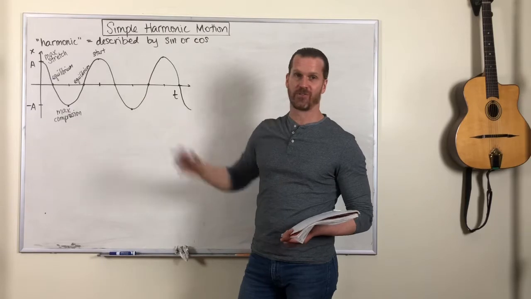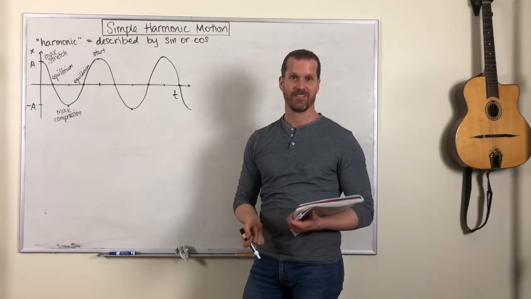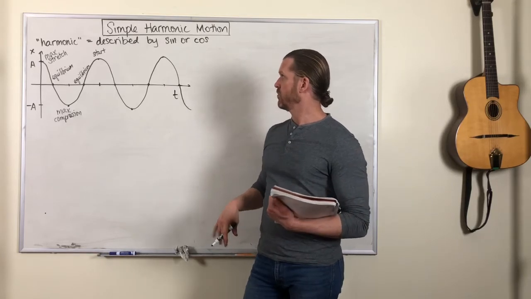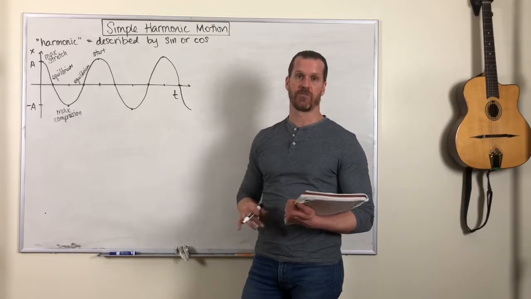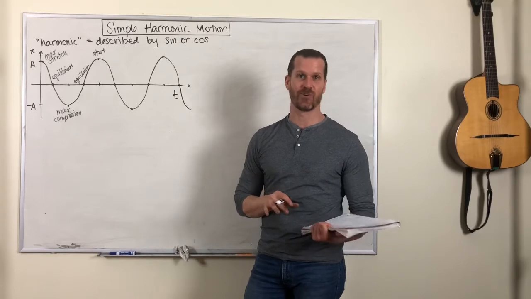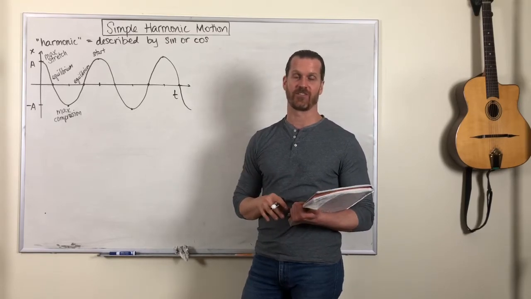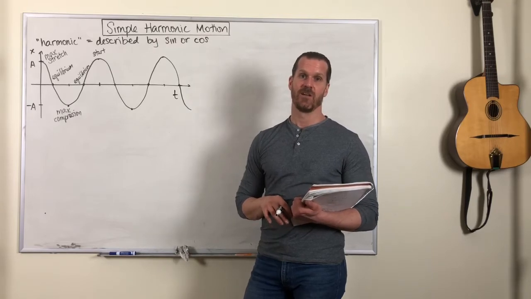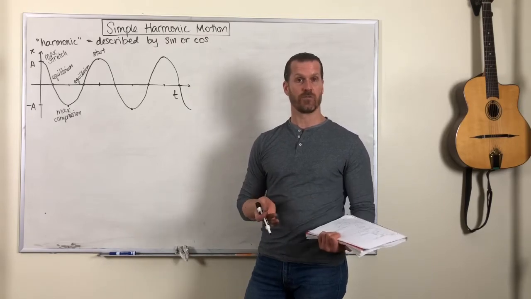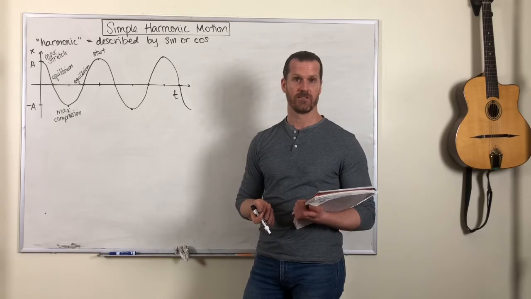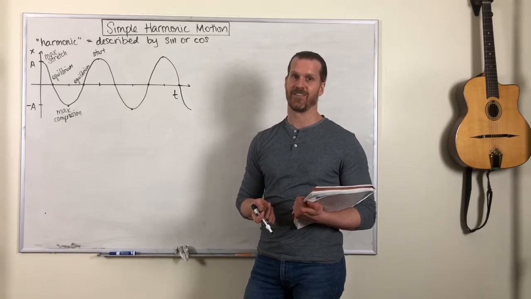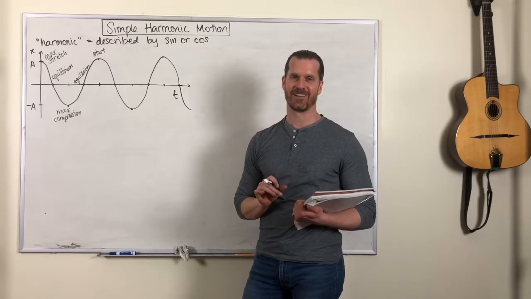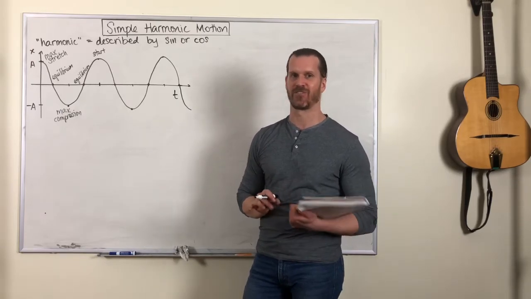Now, the shape of this graph hopefully looks familiar. It's a cosine function. And we can write a formula for this cosine function. Unfortunately, we can't derive where this formula comes from in physics 6 because it requires differential equations. But it comes from solving Newton's second law for the spring and noticing that because the acceleration is not constant, we have to do some calculus and differential equations to solve it.